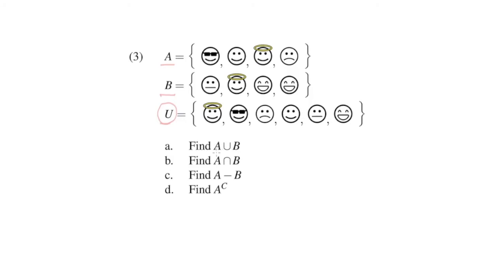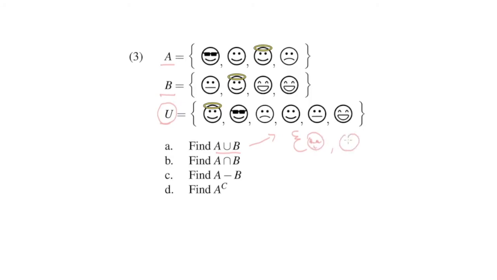Okay, so the first one asks us to find A union B. Now all of these we can just basically write in set roster notation. So A union B will be any face which is in either A or B. So all we need to do is list all the faces that are either in A or in B. So we've got the cool face, the sunglasses, the mouth.